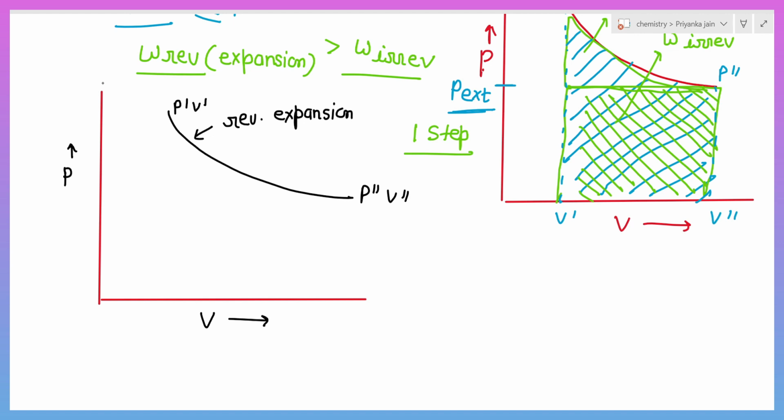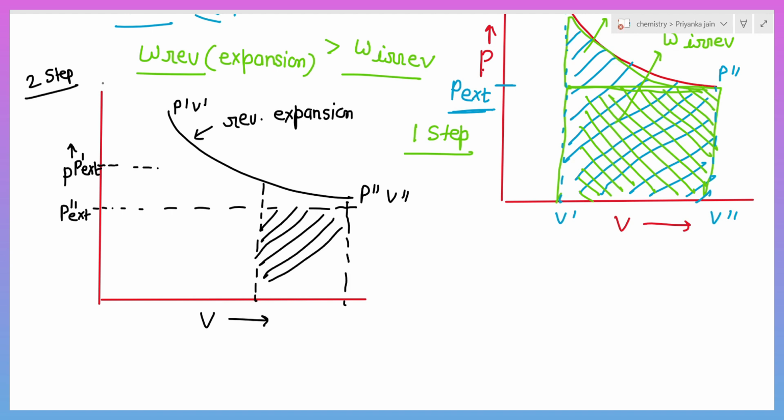Suppose we are doing the process in two irreversible steps. One time the external pressure will be, suppose this is the external pressure, P external. Two times we are imposing the external pressure. One time we are getting a line here, then we get this area.